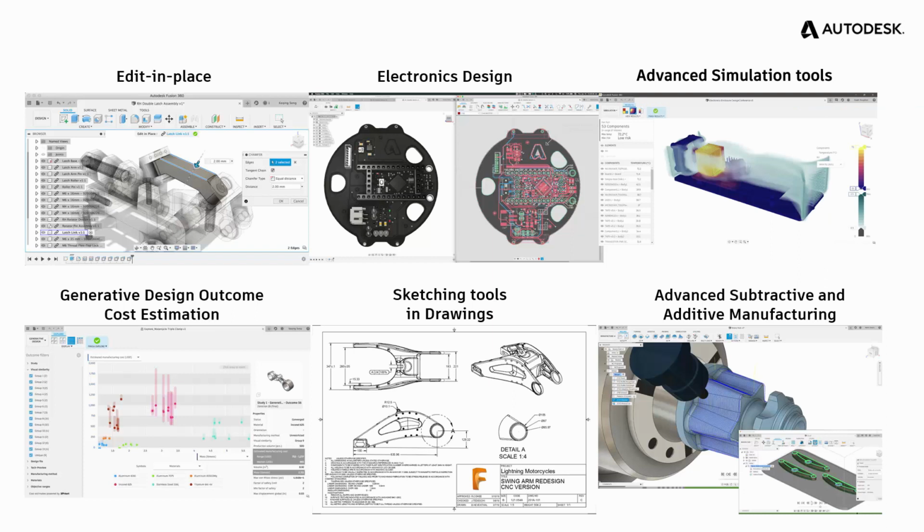We continue to evolve simple things like sketching tools inside Fusion 360 and allow you to create more powerful, intuitive drawings as well. And clearly, we continue to focus on advanced subtractive and additive manufacturing capabilities, many of which we've already talked about today.